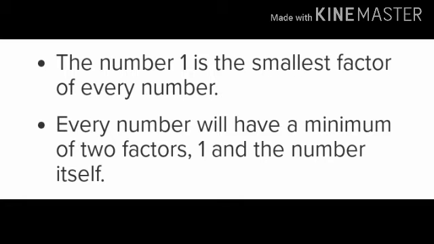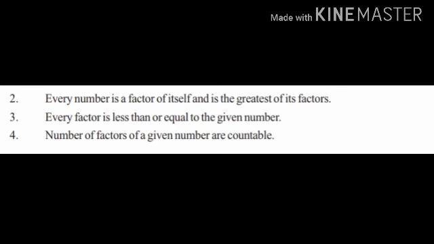Every number will have a minimum of 2 factors, 1 and the number itself. Every number is a factor of itself and is the greatest of its factors. Every factor is less than or equal to the given number. The number of factors of a given number is countable.